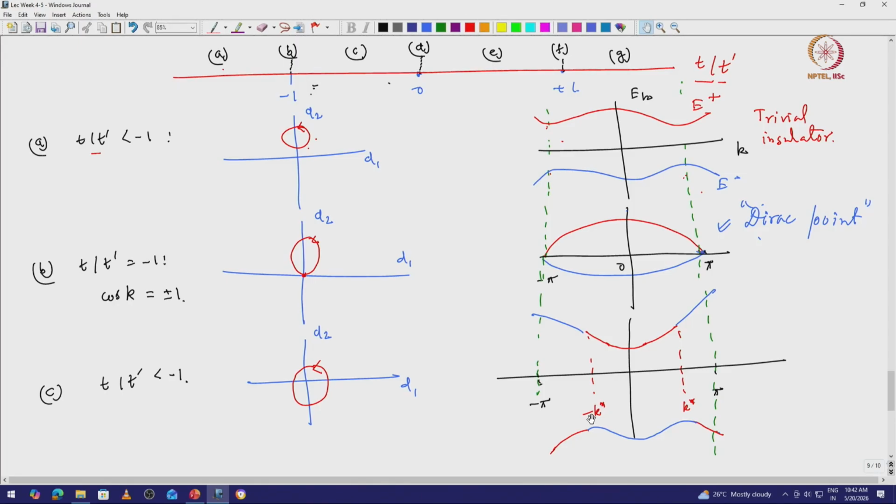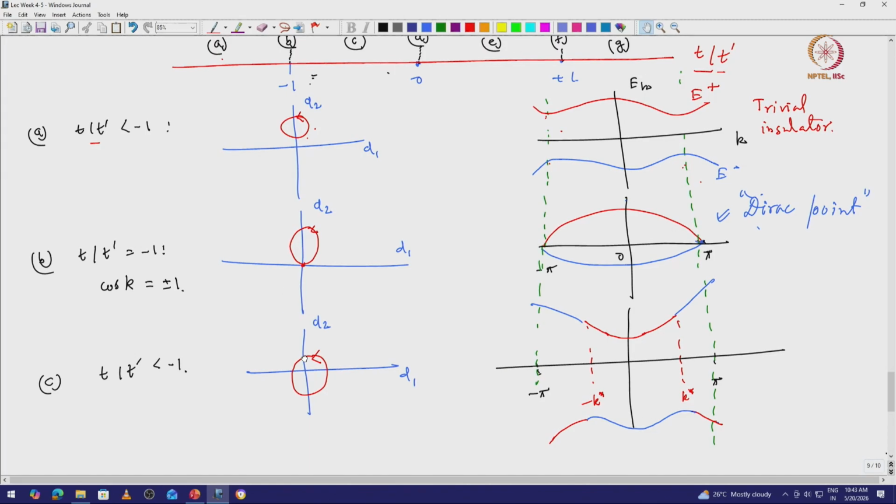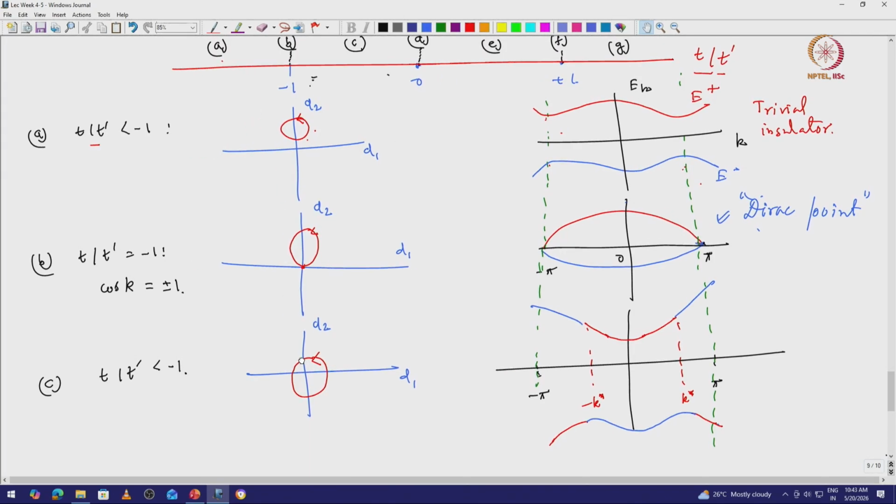So, what is happening here is that we can start from k equal to minus pi. So, we are here, and as we wrap around, here d2 goes to 0 but d1 does not go to 0, and this is this point. So, this will be minus k star, and this will be plus k star. Plus or minus would not make much of a difference, except that it will just give you a different winding.